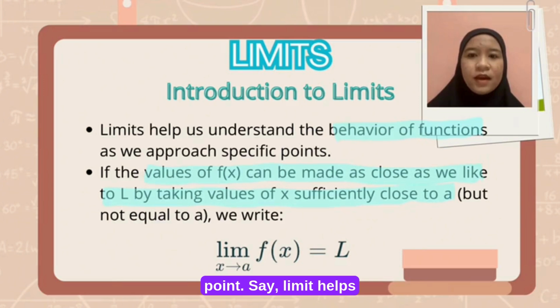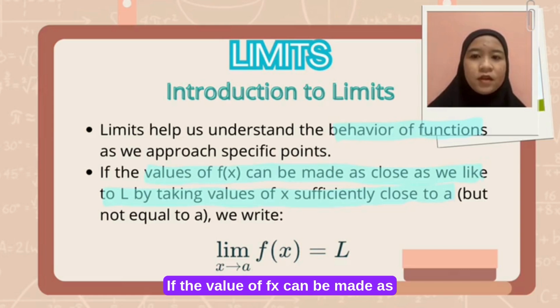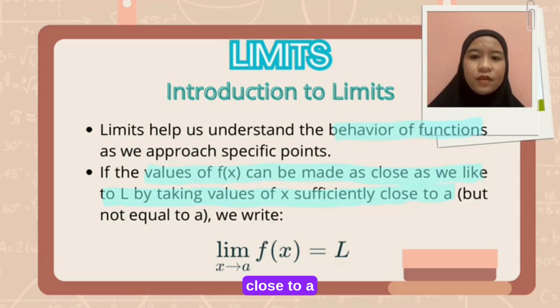Limits help us understand the behavior of a function as we approach a specific point. If the value of f(x) can be made as close as we like to L by taking values of x sufficiently close to a, but not equal to a, we write it as below.